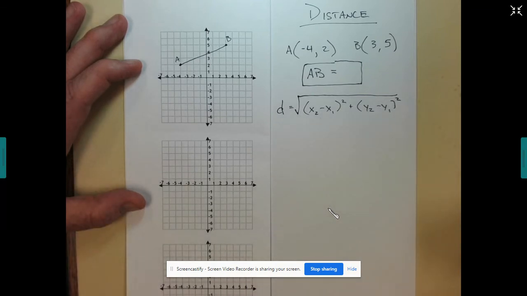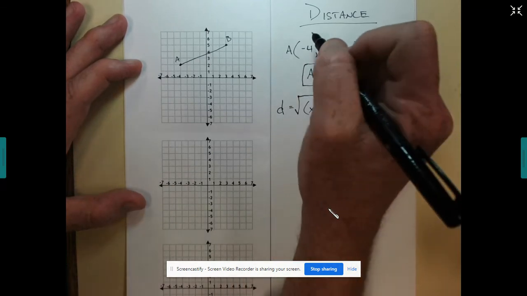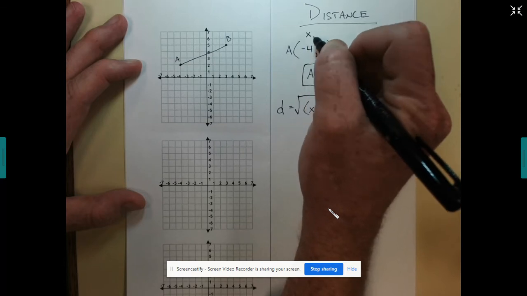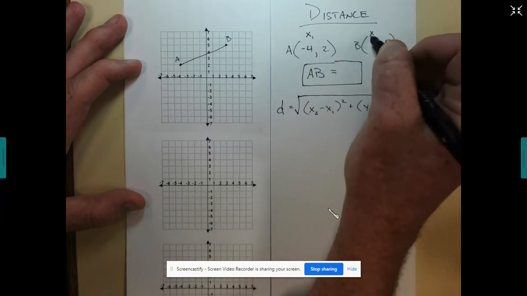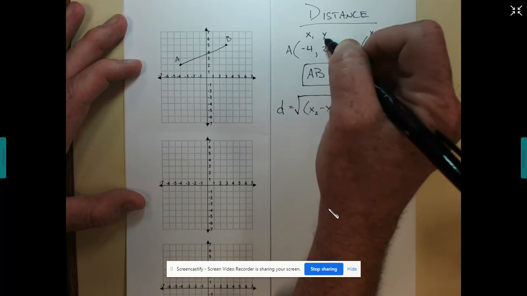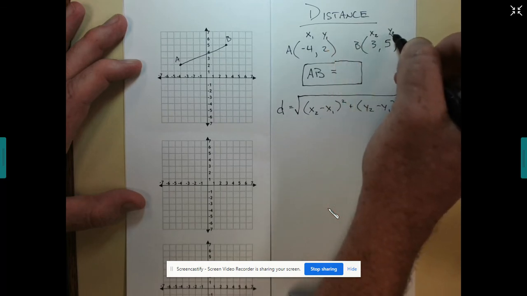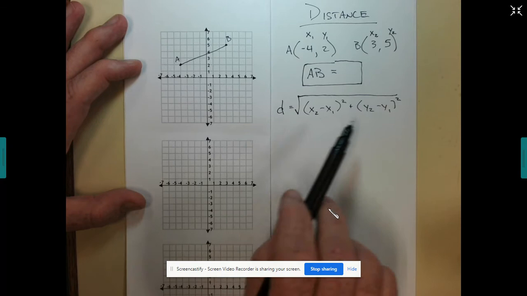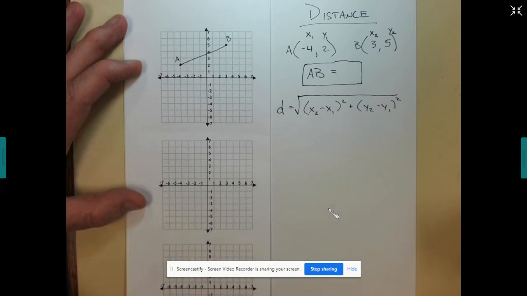It's kind of a complicated looking formula where you would get one of your x's here, here's your other x, here's one of your y's, and here's your other y. And if you plug those values in, you can find the distance that way.